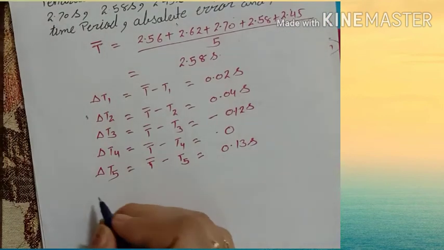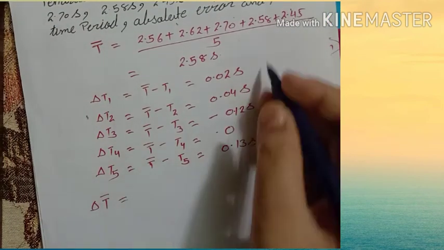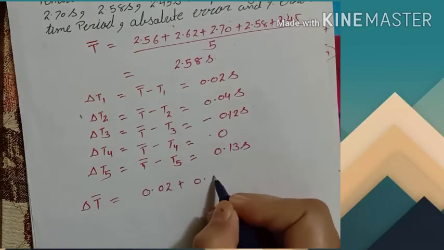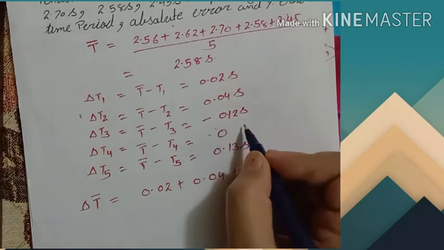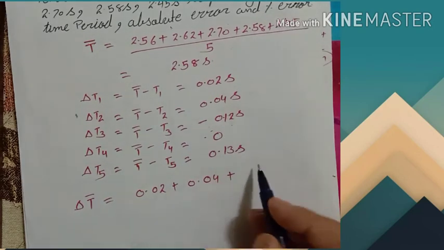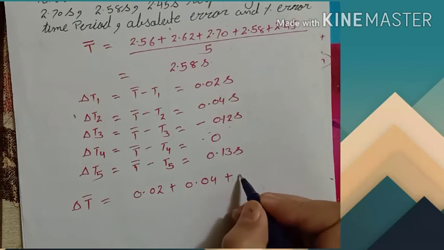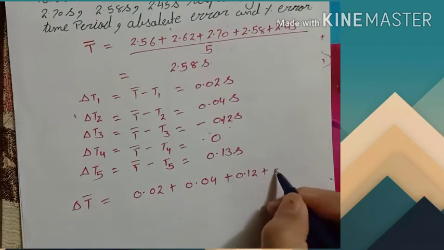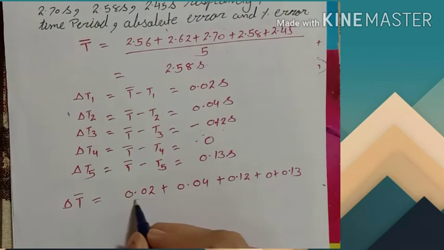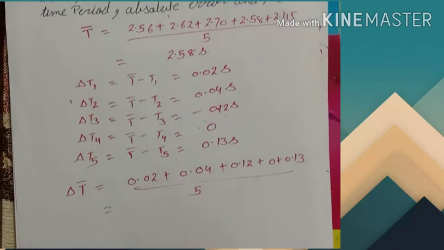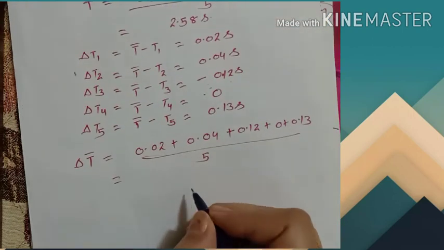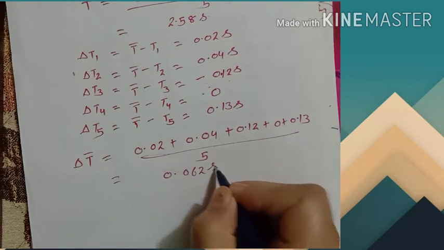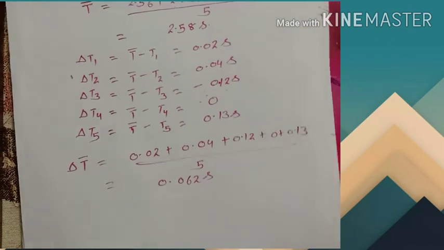Right. Now delta t bar, what will we take of all these? The mean. So 0.02, 0.04 plus 0.12, this value will become positive because here we take the mode of all these values, plus 0.13 and divide by 5. Then this value will be equal to 0.062 second. Right.